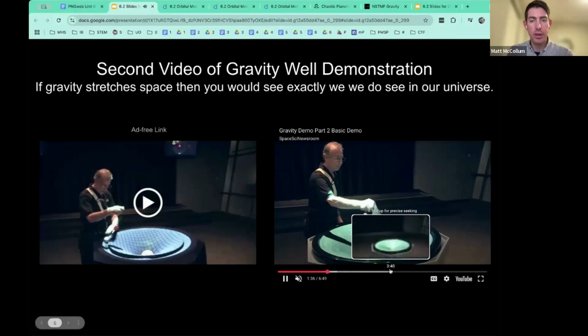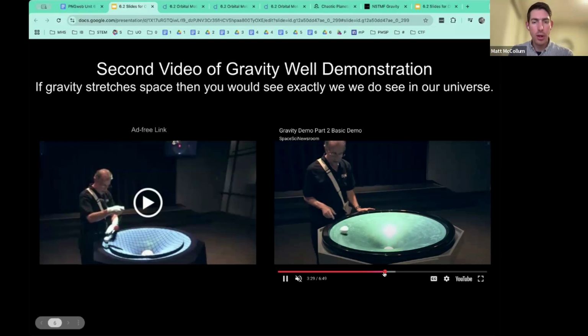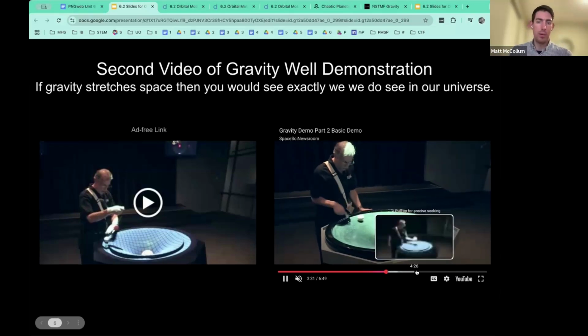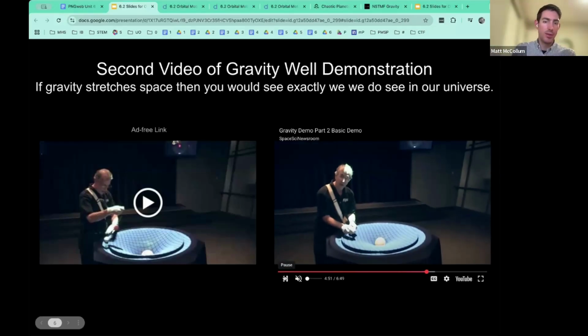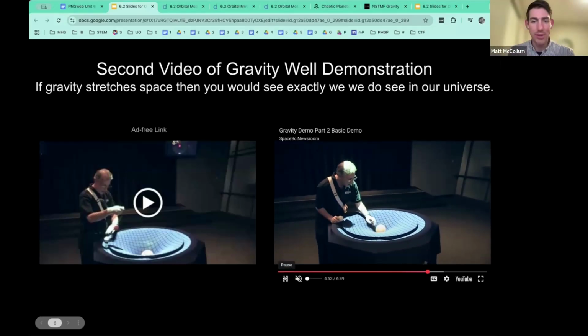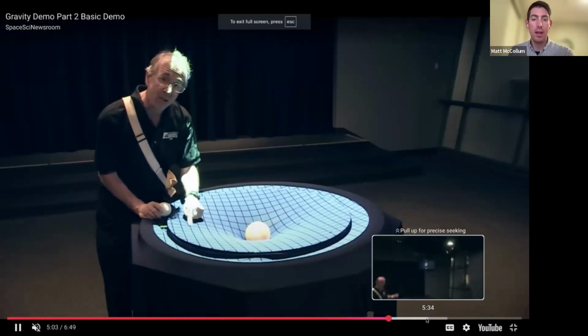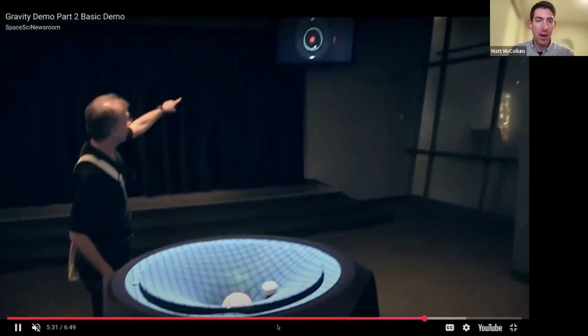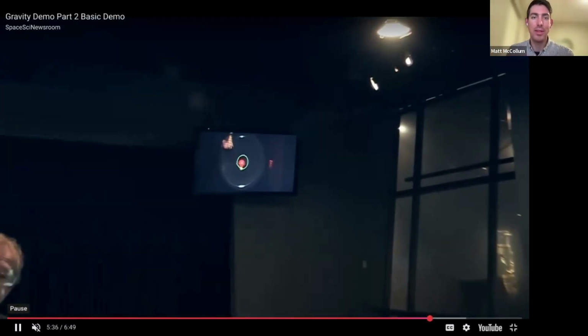So there are 3 different videos of it, and they do a good job to be able to show over the top to everybody. But this one is just honestly a lot more fun when students are involved in holding things. So we have a bunch of marbles that we do this with, the ball bearings from earlier in the year, and you can see the orbital motion that happens there.